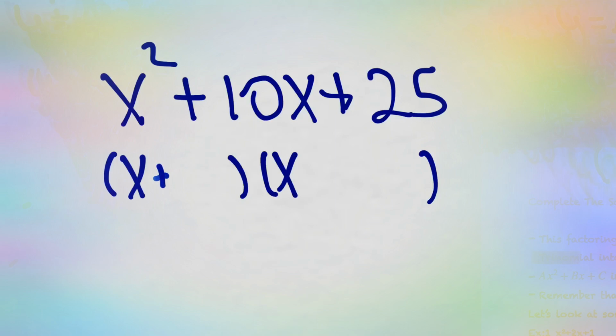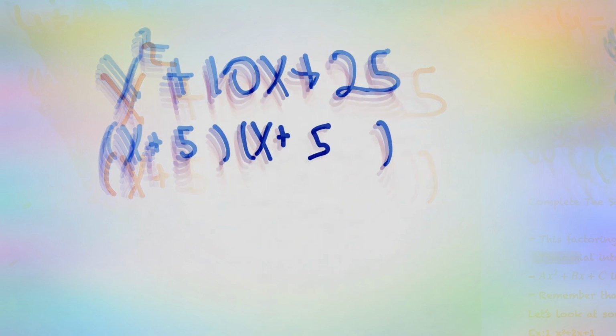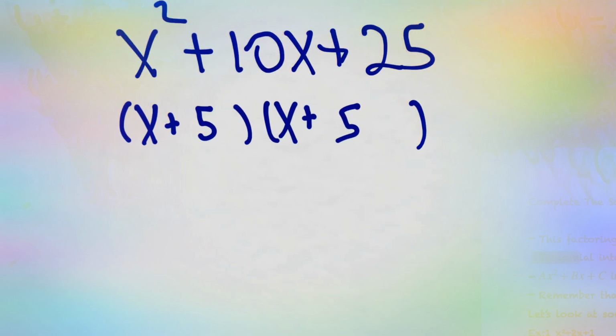Two numbers whose sum is 10 and whose product is 25 would be 5 and 5. The only difference here is, notice this is a perfect square trinomial, meaning the x squared and the 25 are perfect squares.